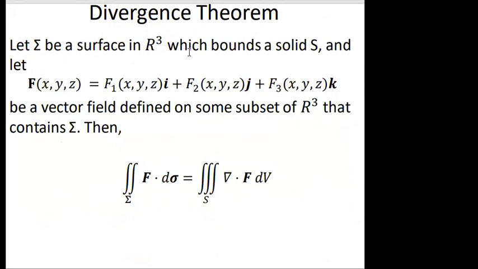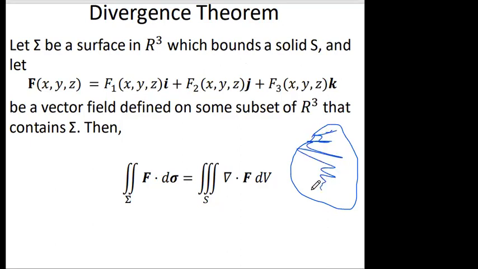Sigma and a solid, right? Let's see, S is a solid like this. So you have sigma, the surface in R3, which bounds a solid S. Okay, so this is a solid now, right?